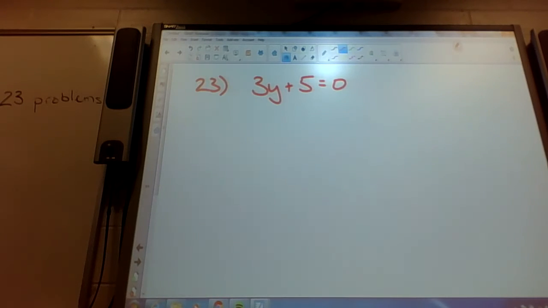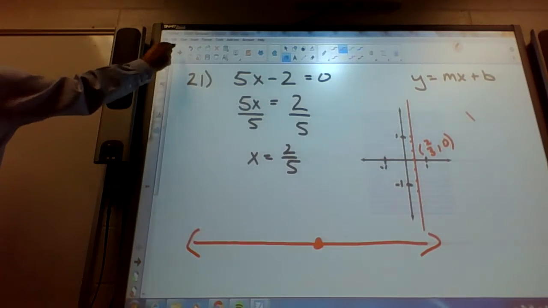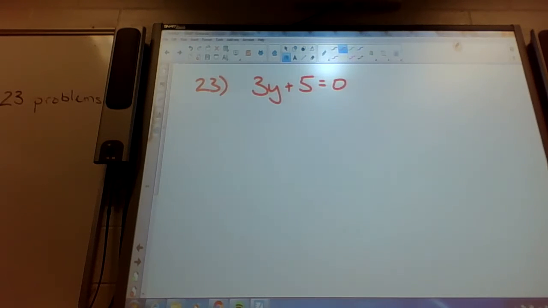Now, what is the slope of that line that we graphed for number 21? Undefined. Why? Because it doesn't have a slope. Well, okay. I ask you, what's the slope of this line? Why, Connor? What is the definition of slope? Rise over run.